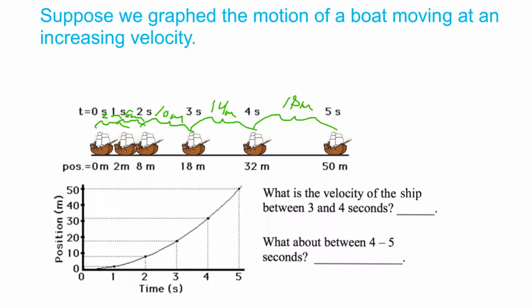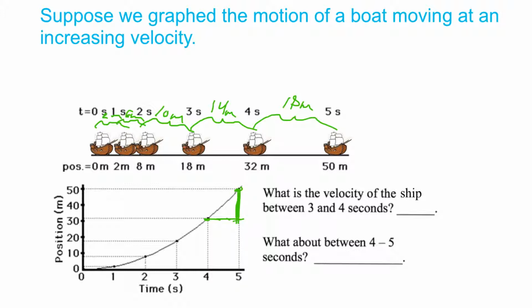Now, if we want to figure out what the position is, or the displacement between any two sections of time, then we have to look at the distance between them here.